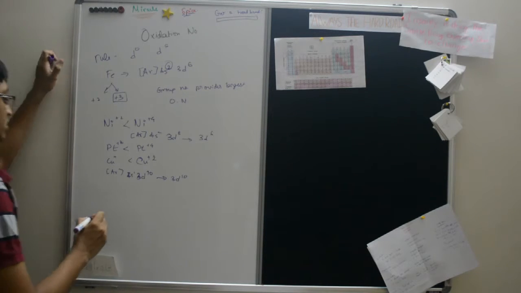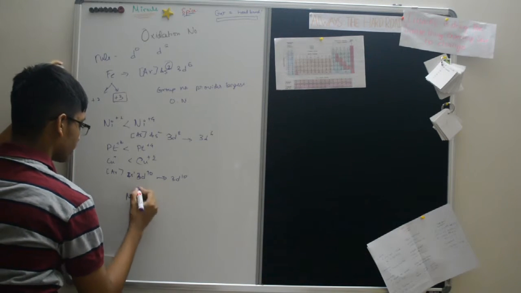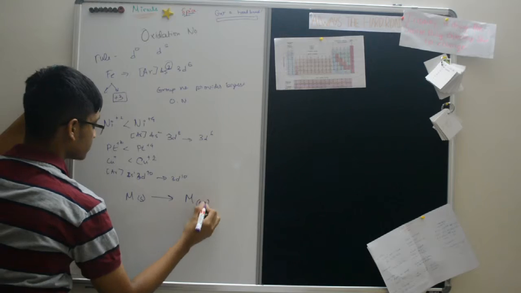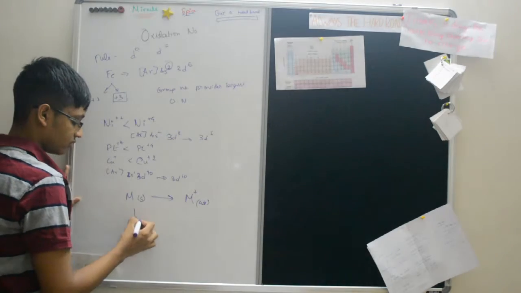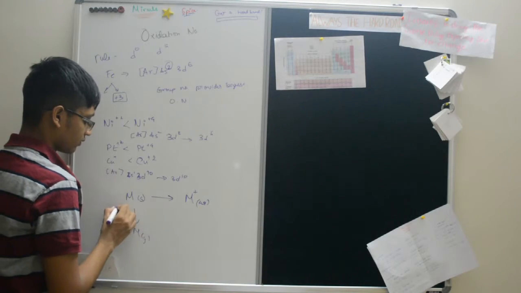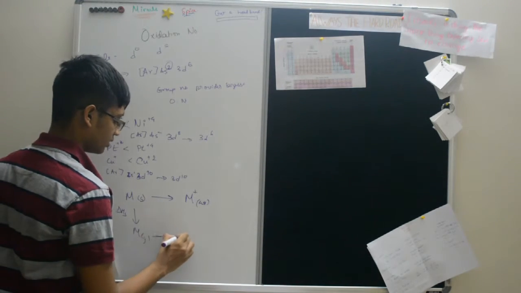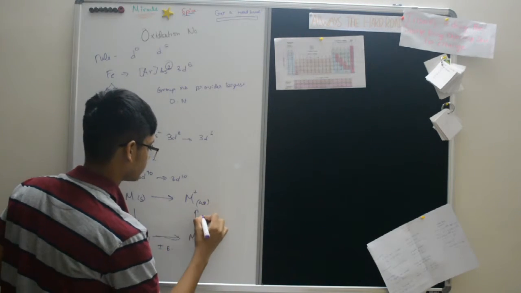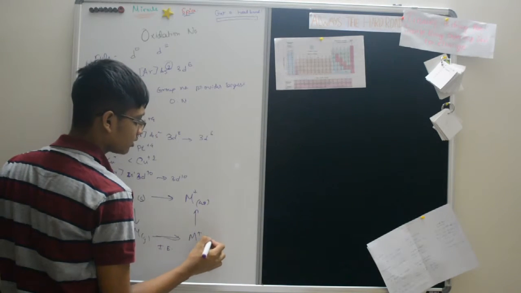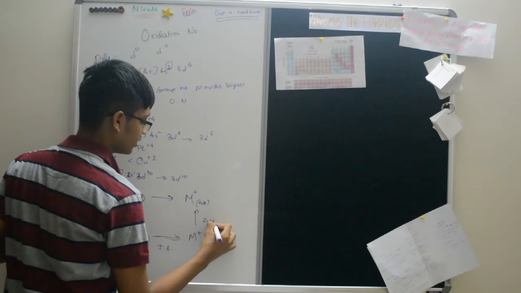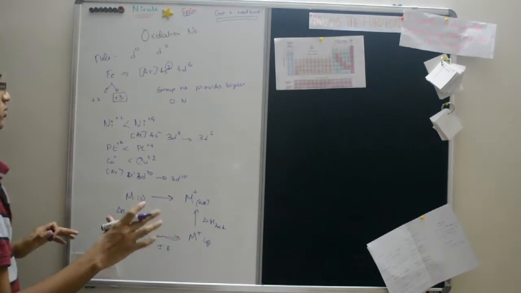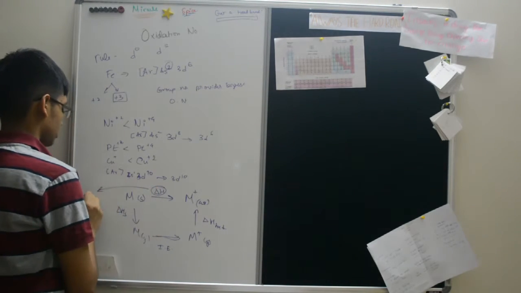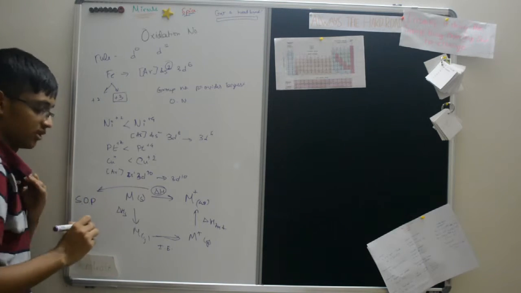However, we see that there is this process which you have to do for finding out the oxidation number. M to M aqueous, okay, with the charge. So what happens here is you first convert this into gas, heat of sublimation, then you ionize it, so it will become M plus, ionization energy, and then you put it in water to make it aqueous, okay. For that you will get hydration energy, right? So you can see that this delta H will provide SOP, standard oxidation potential.